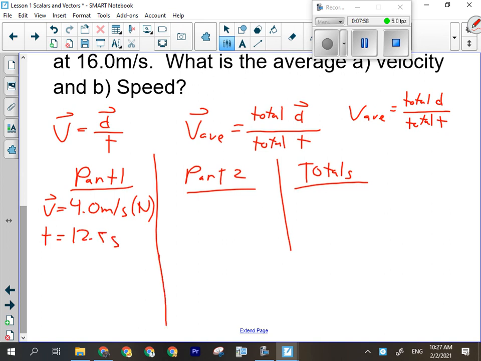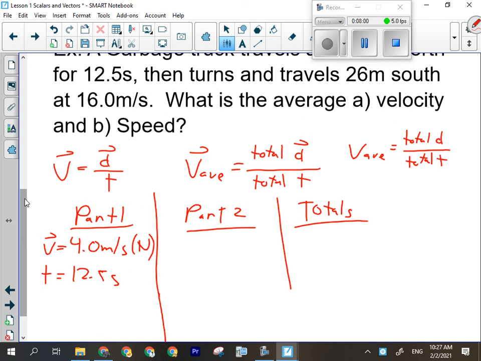Then it tells me that in part 2, it travels 26 meters south, and that it does so at 16 meters per second south. So that's the information I have.